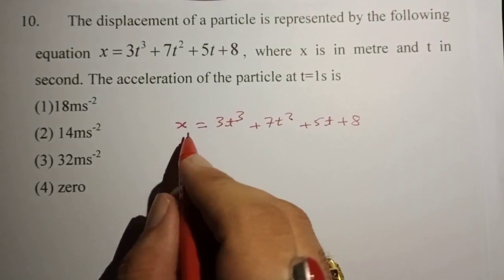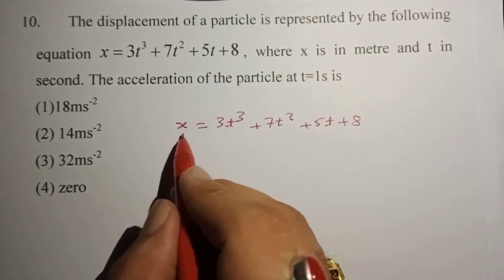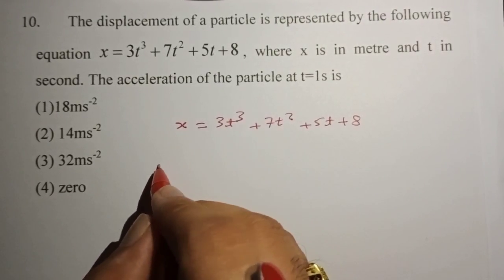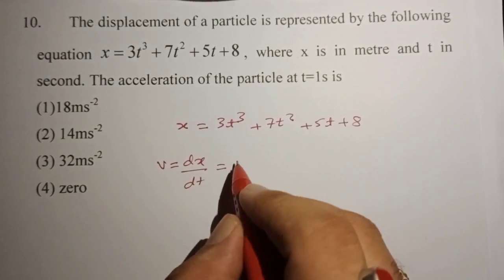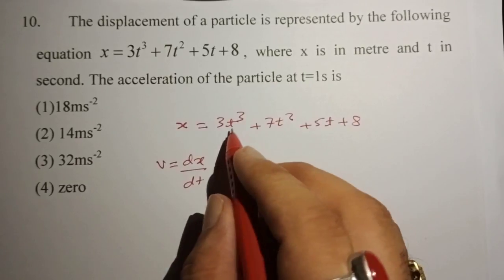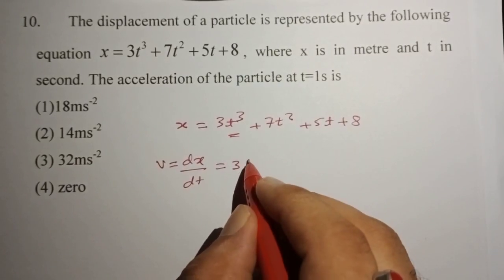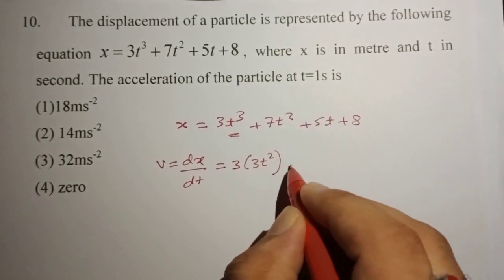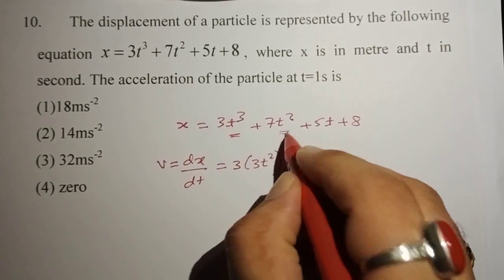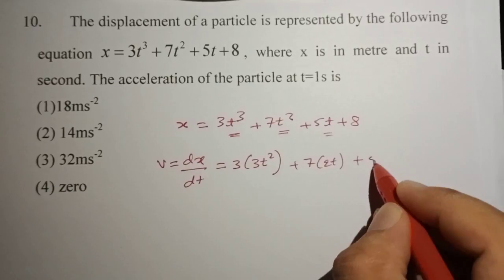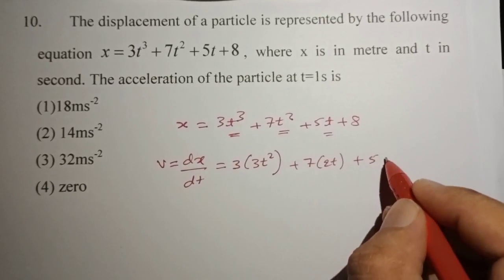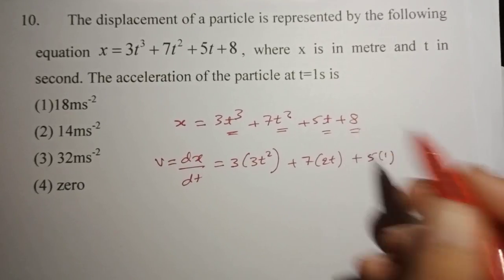To find acceleration, you have to double differentiate this x. Velocity is equal to dx by dt, that is equal to 3 into the differentiation of t cube, which is 3t square, plus 7 into the differentiation of t square, which is 2t, plus 5 into the differentiation of t, which is 1. The differentiation of a constant is 0.